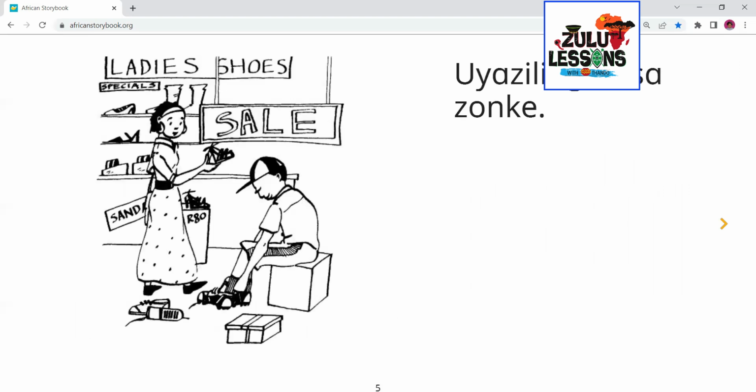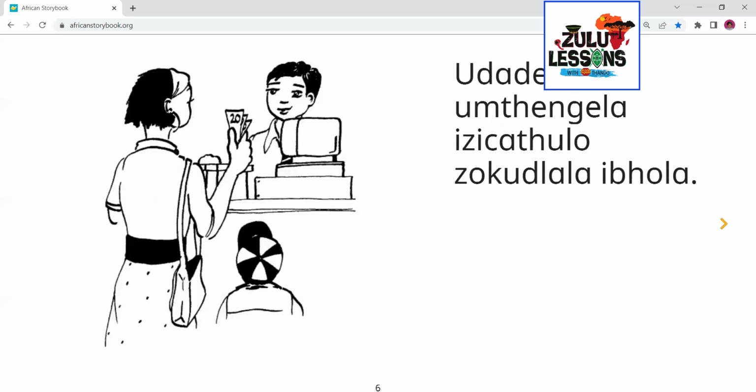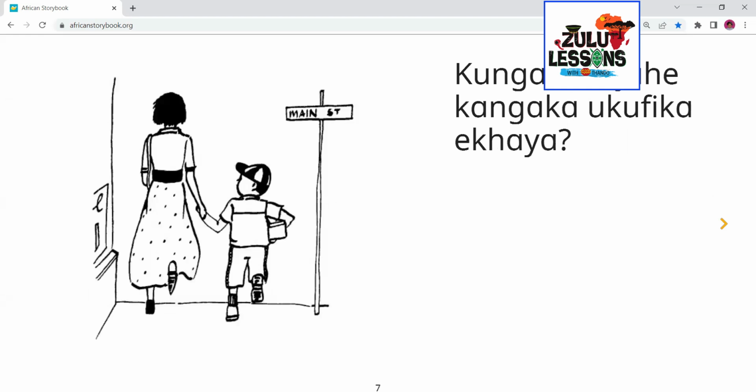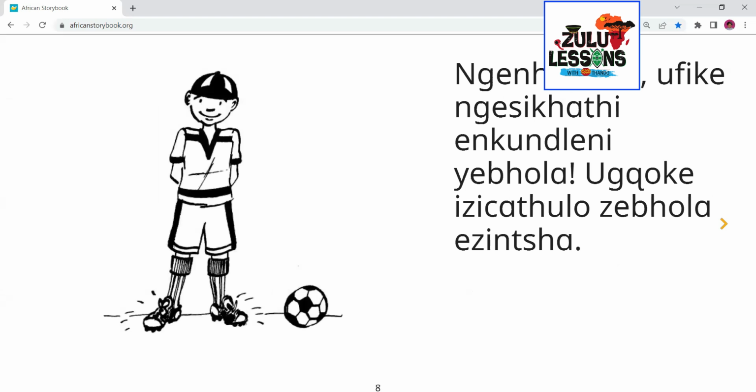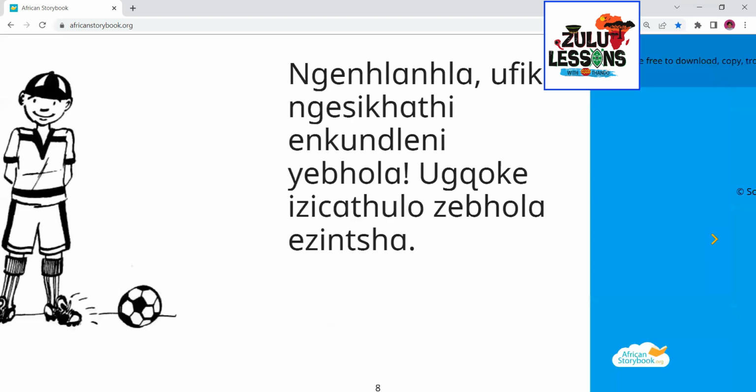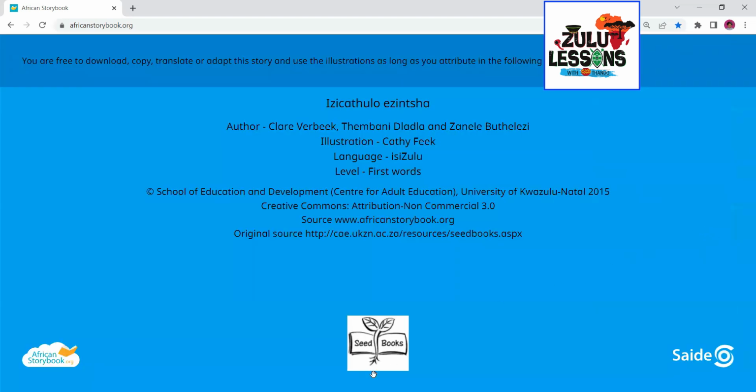Uyazilinganisa zonke. Udadewabo umthengela izicathulo zokudlala ibhola. Kungani bejahe kangaka ukufika ekhaya? Ngenhlanhla ufike ngesikhathi enkundleni yebhola. Ugqoke izicathulo zebhola ezintsha. Iphela lapho inganekwane.